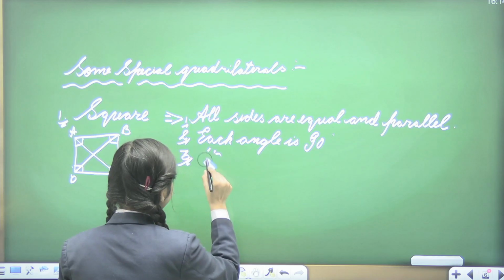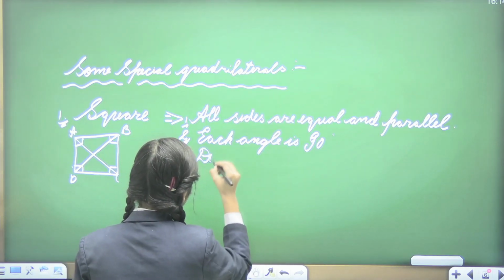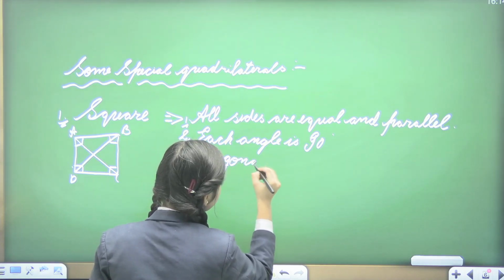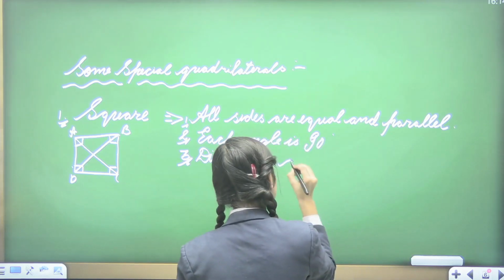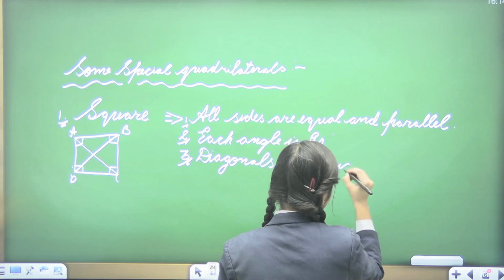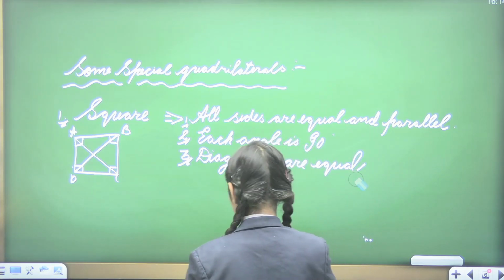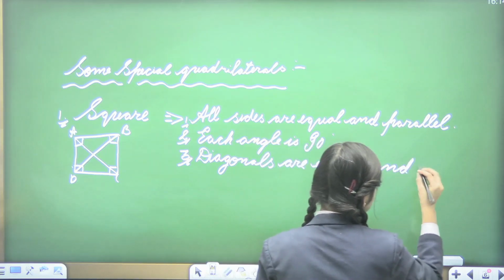We'll just write it in a shorter way, like diagonals are equal and bisect each other.